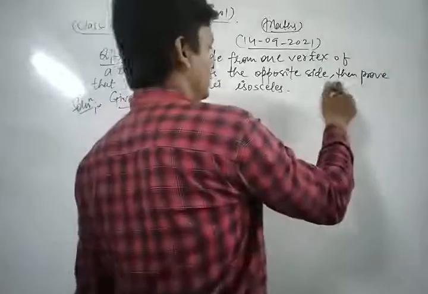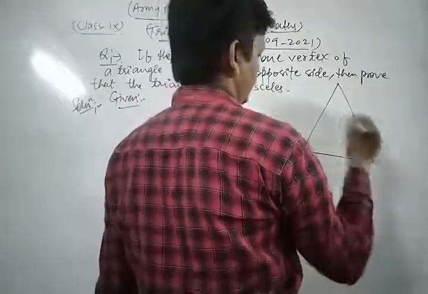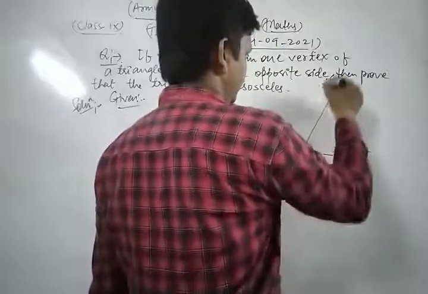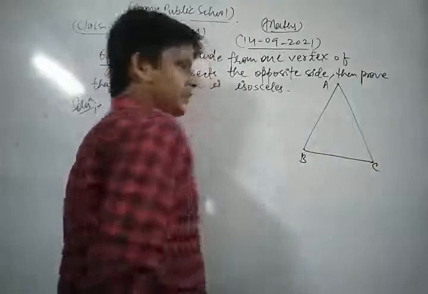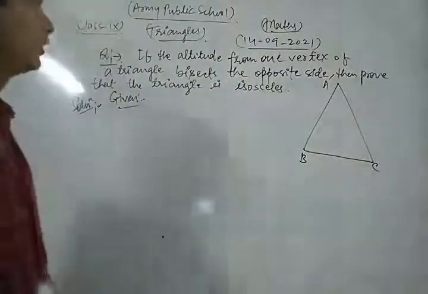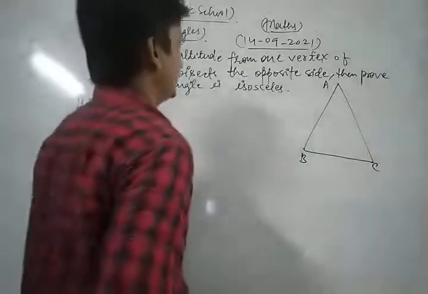We draw a triangle ABC, and according to the question, the altitude from one vertex of the triangle bisects the opposite side.